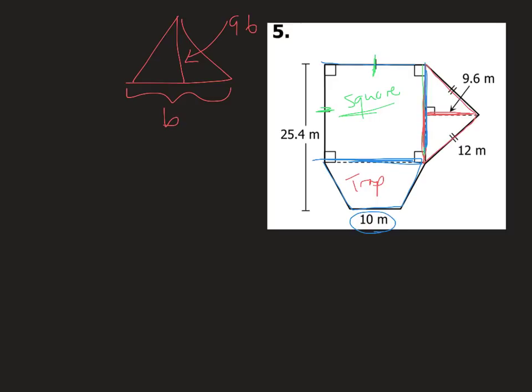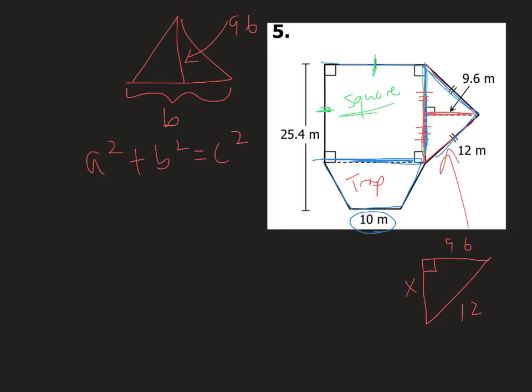Well, since I know this is an isosceles triangle, I know that this is also congruent to this piece. So let's focus on just this one right triangle. Couldn't you find the length of that side using the Pythagorean theorem? Yes.